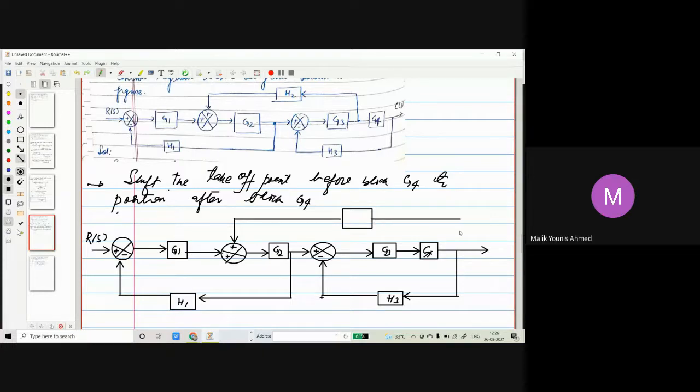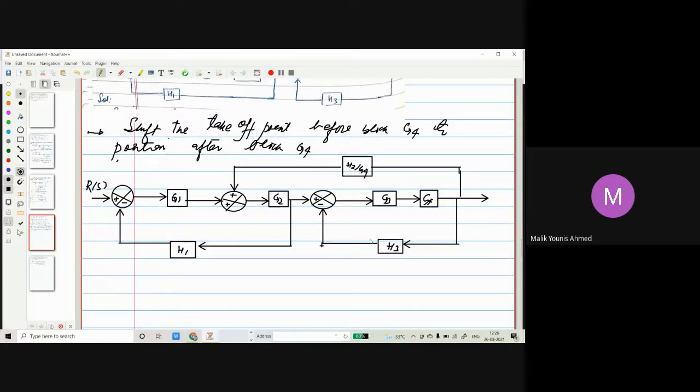This will be going here and this should meet it here. Fine. So what will be this? We are moving it after the block very clearly. What was this? This was H2. So that will be gain divided by, what is the gain? Gain is H2 in the feedback, H2 divided by G4. That is the rule. H2 divided by G4. So this is the first step what we have done.